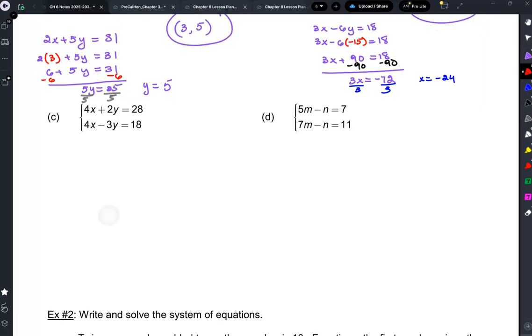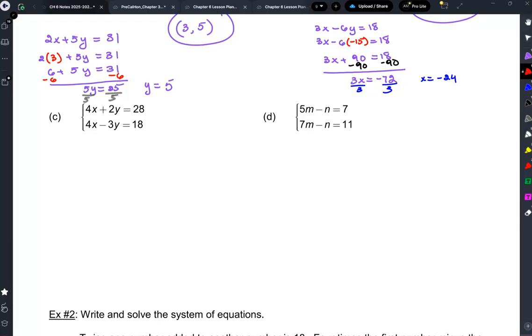So I change every single sign of one of them. This becomes minus, this becomes plus, this becomes minus, right? It's not that you make everything a negative. No, you flip the sign of all of them. Because you need to have one positive 4x, one negative 4x. Okay, so now 4x minus 4x goes away.